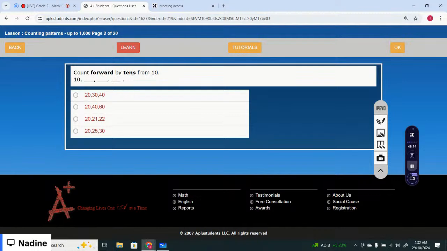Count forward by tens from 10, which is the correct option? Option one, 2, 3, 4.